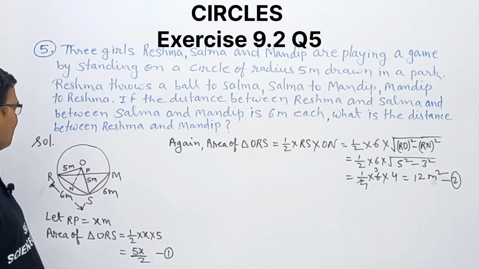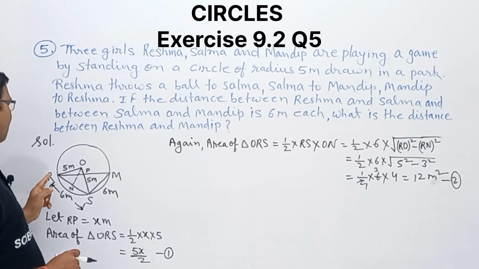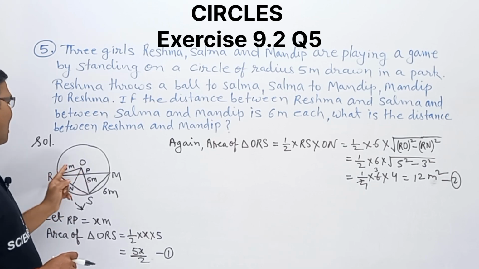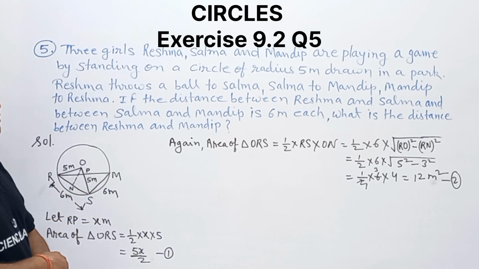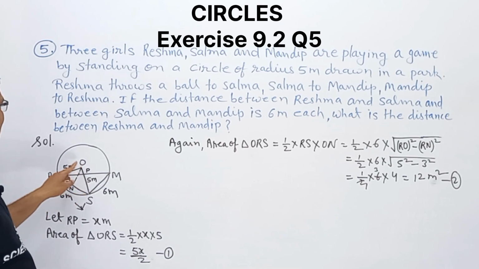Clear? So we are assuming RP is X meter. OR, OR and OS are radius. Clear?